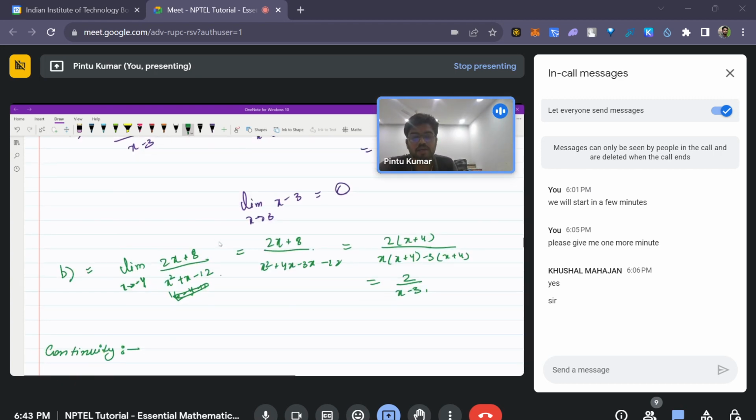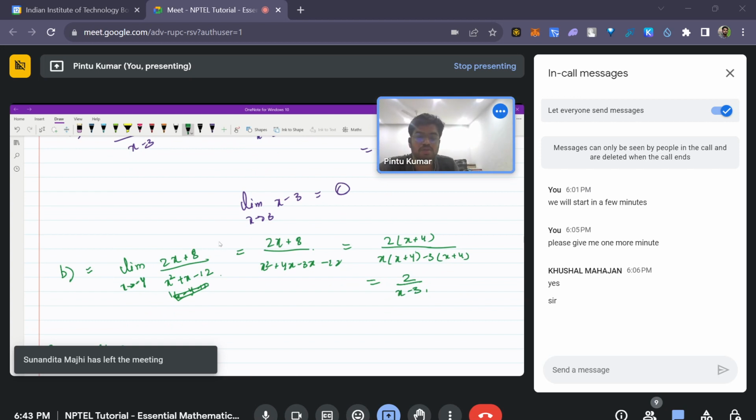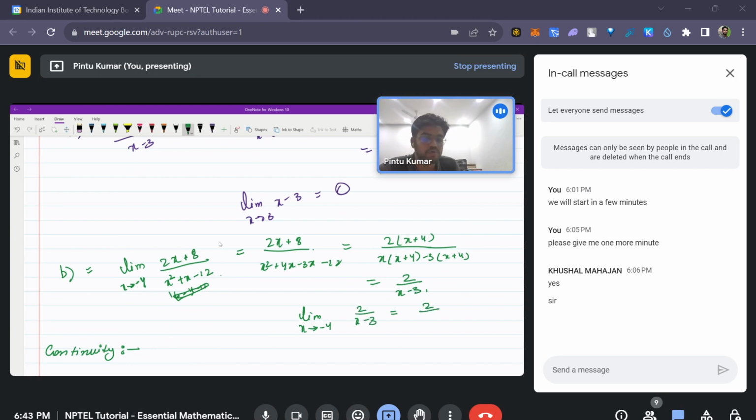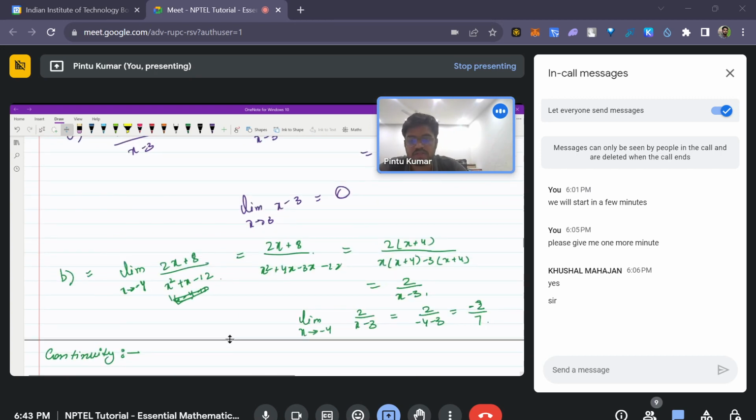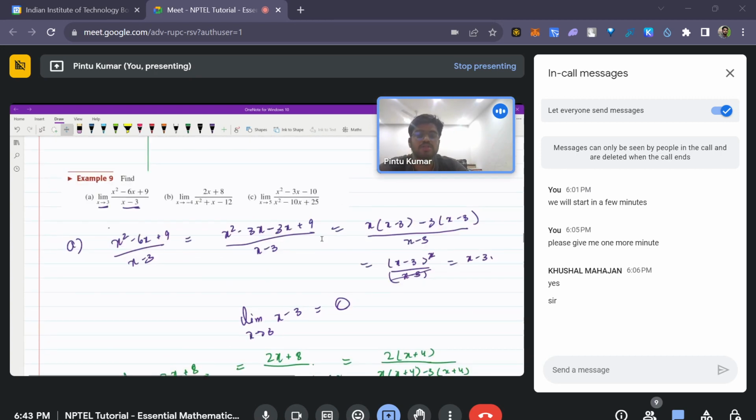So rather than calculating the limit on the earlier expression, you can just calculate the limit here, 2 upon x minus 3, and this is 2 upon minus 4 minus 3, which is minus 2 upon 7. So this is the way to approach these kinds of questions, and similarly you can solve the C part also. It is quite similar. We just need to split both of them and you will get the same thing.